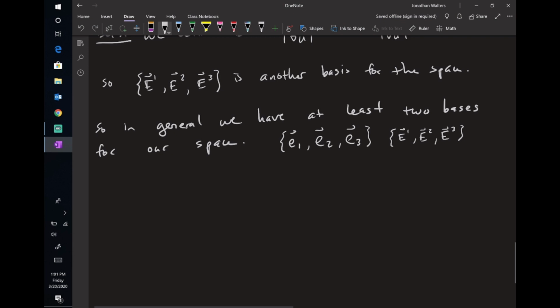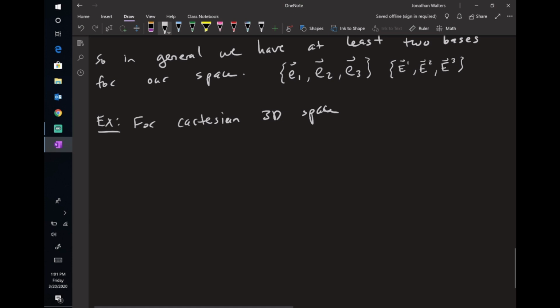So for an example, for Cartesian 3D space, what would we have?